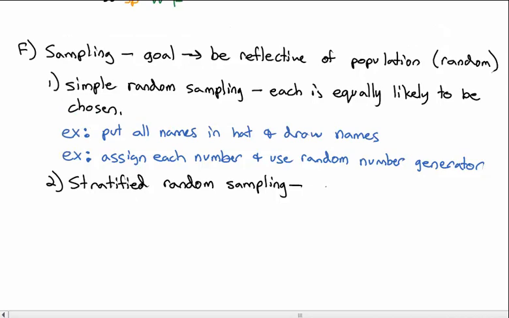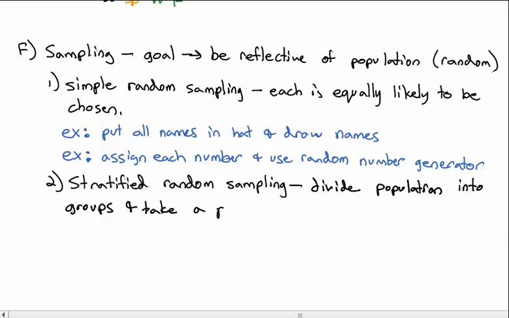The population is divided, let's actually say, let's divide the population into groups, and take a proportionate sample from each group.